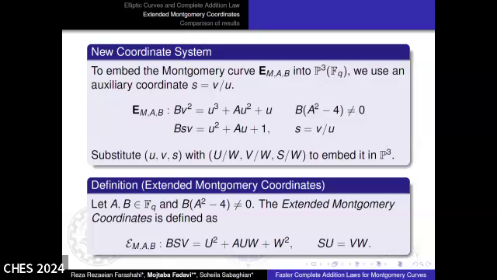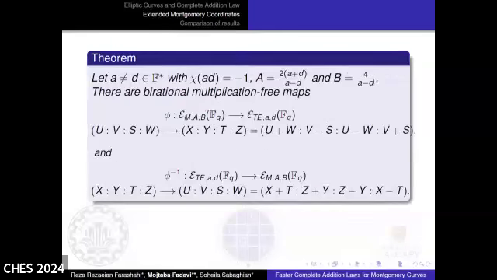Yeah, because when you make the substitution, you transform the coordinates, and then you introduce a denominator. So next in the slide, when you transform from Montgomery to twisted Edwards, there is no inversion, so the cost is free.